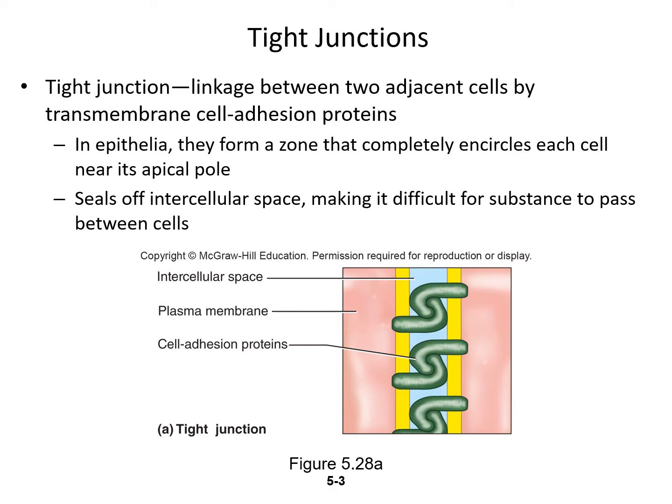So if we didn't have tight junctions there, we could have digestive juices seeping between cells and then actually damaging or essentially digesting the connective tissue that underlies that epithelial tissue.